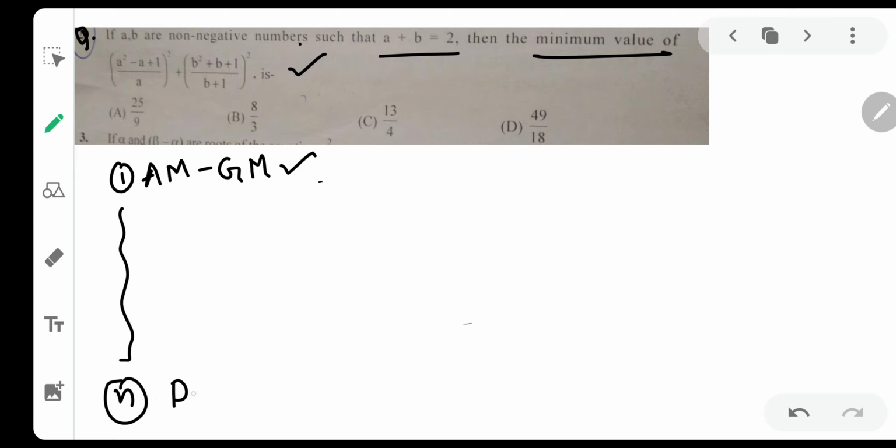The first thing that should come to your mind is AM-GM. This is the first thing that should always come to your mind, and the last thing that should come to your mind is derivatives, application of derivatives, because that is a very long concept and it will take a lot of your time, and many times you might end up getting wrong answers because it becomes a very long and lengthy derivative.